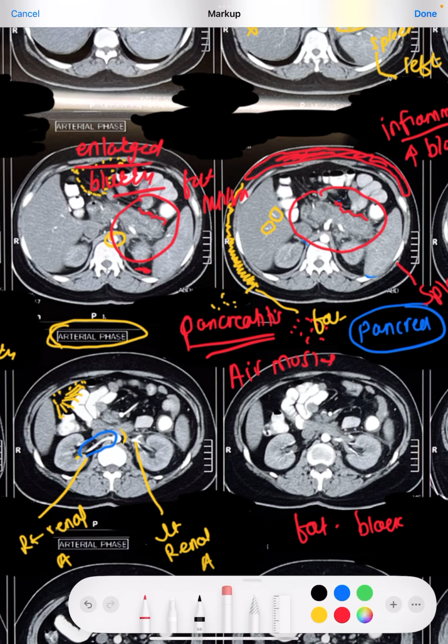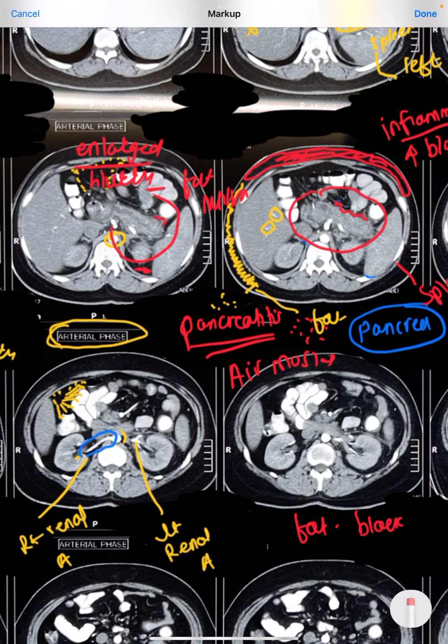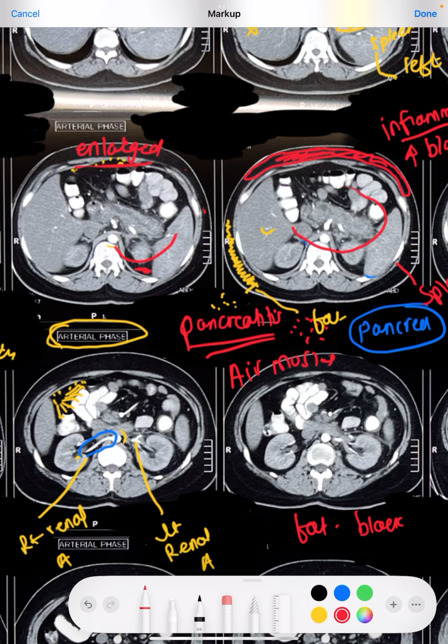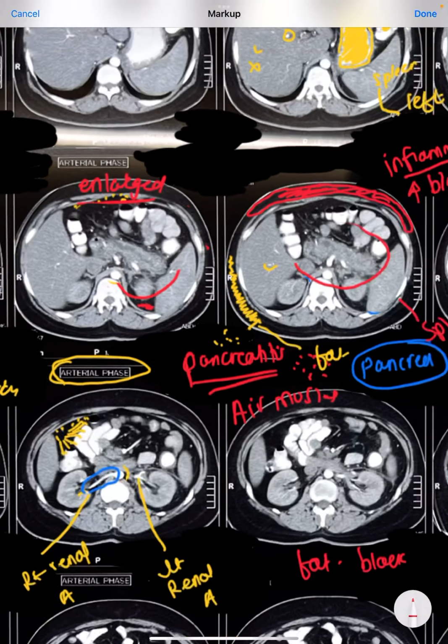One more thing which is very beautifully seen in this image is that we can actually see the main pancreatic duct. In this image, the main pancreatic duct is dilated. You can see this is all pancreas, and in the middle of that, there is a black hypodense tube you can see.